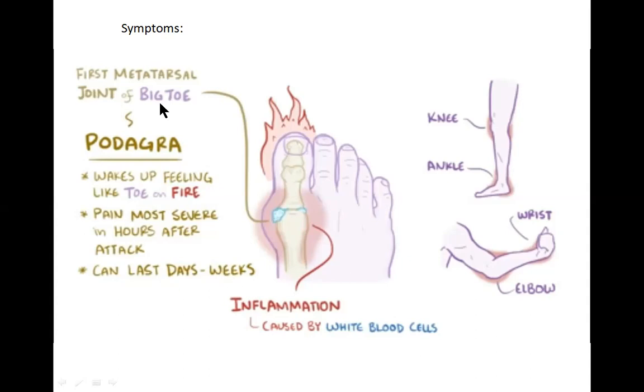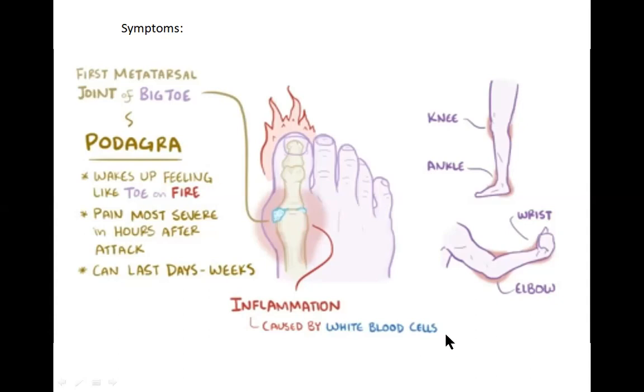Other than the big toe, gouty attacks can happen in the ankle, knee joints, wrists, and elbows also. The inflammation formed here, due to the increased uric acid in the blood, is caused by increased white blood cells or leukocytes.